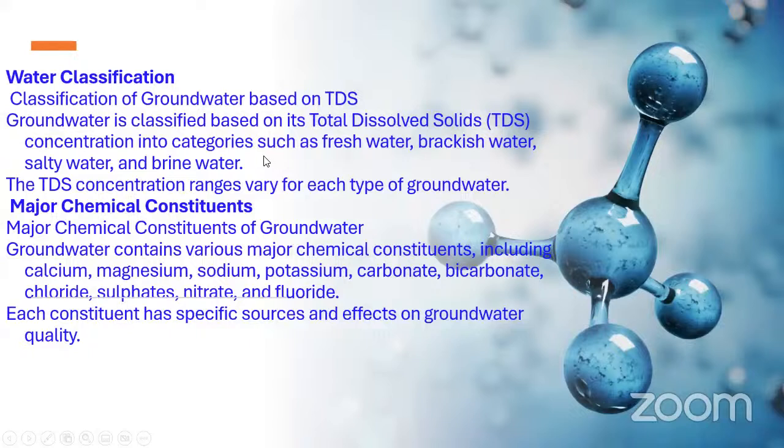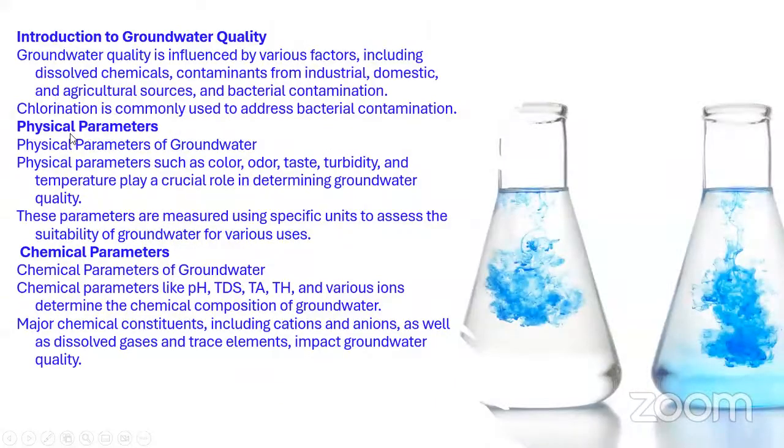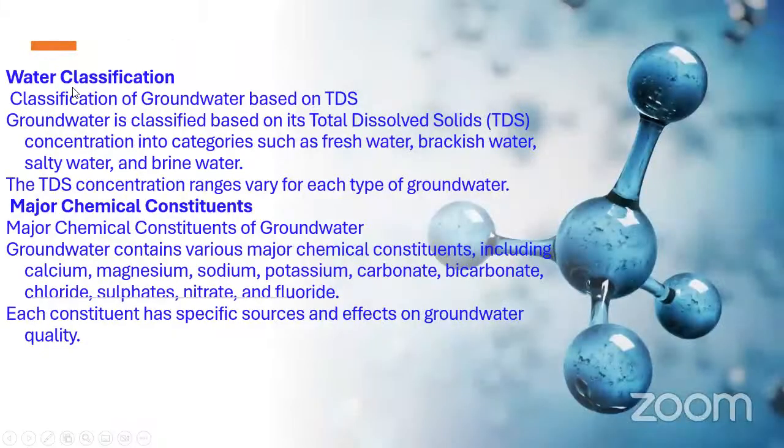Try to cross-check or read them in your textbook. And these are the major chemical constituents of groundwater: calcium, magnesium, sodium, potassium, carbonate, bicarbonate, chloride, sulfate, nitrate, and fluoride. So physical parameters and chemical parameters are there, and based on TDS we have classified different types of water.